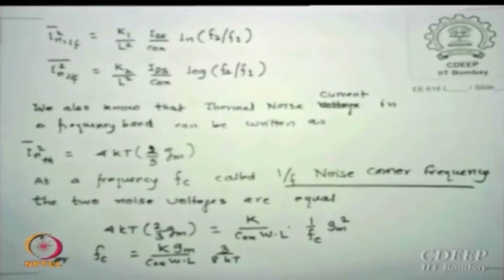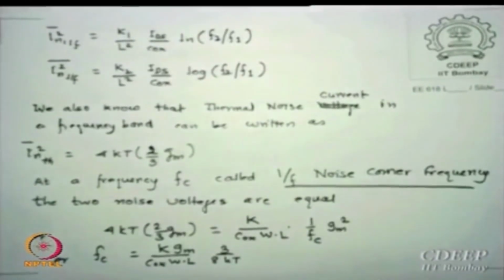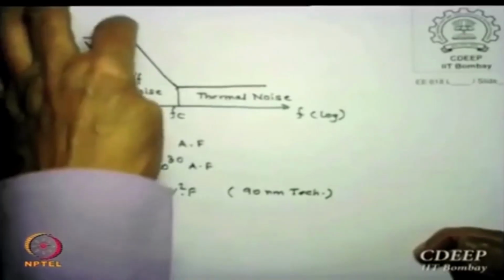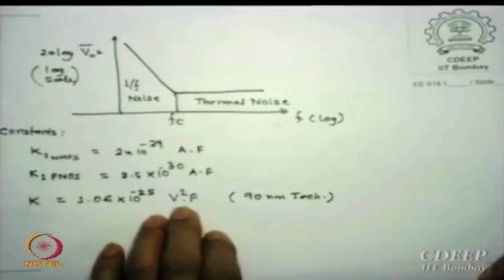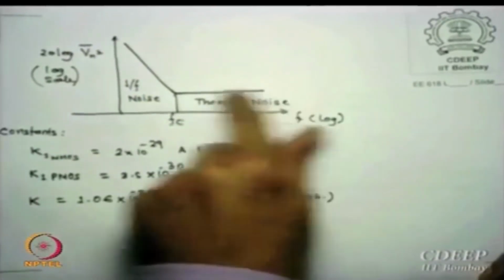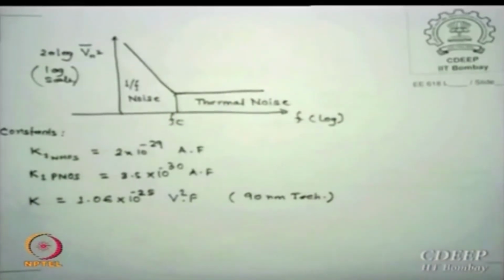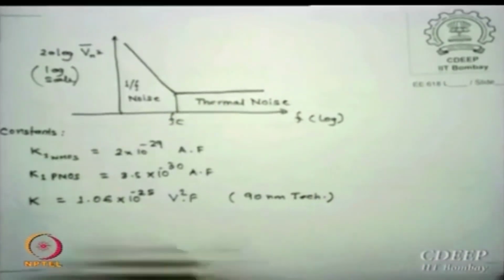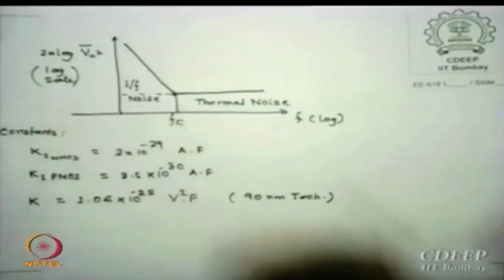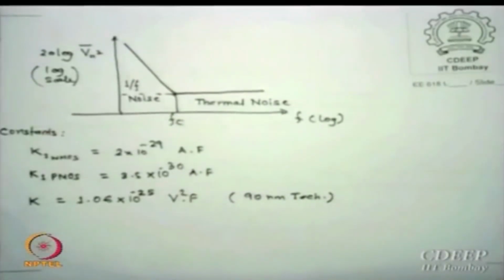Is that point clear? 1 upon f noise is decreasing, and thermal noise is constant. Maybe I'll show you the figure first and then come back. The 1 upon f noise starts decreasing as frequency increases, and thermal noise is constant.